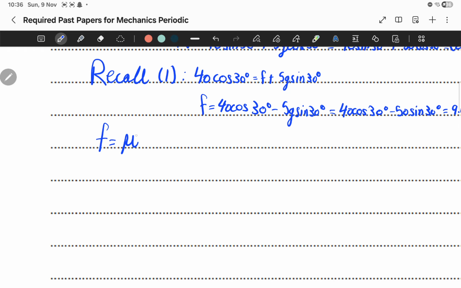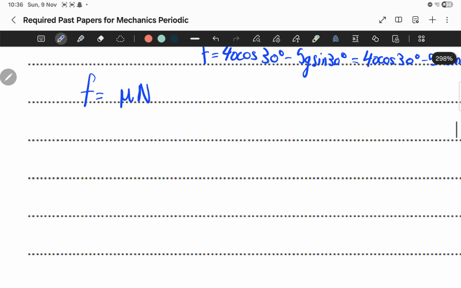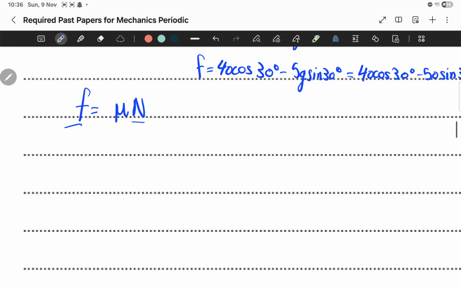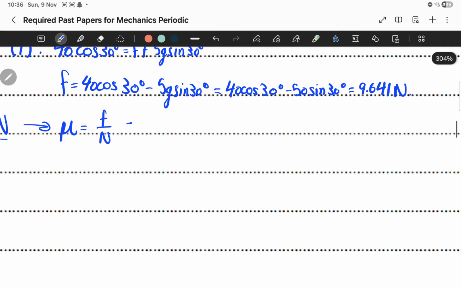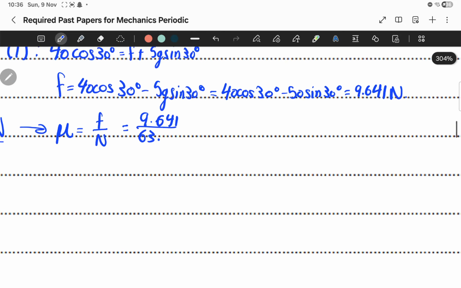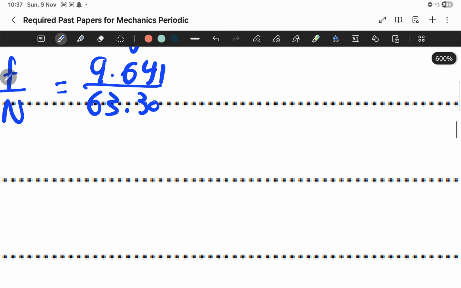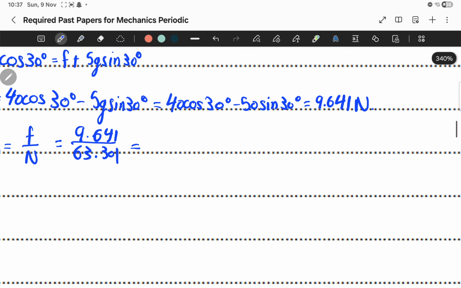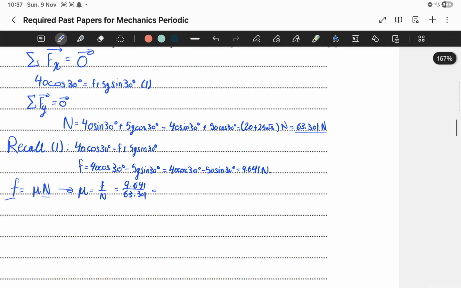Okay, now what can we say? F equals mu N. Right? Now, we have N, we have F. So, we can rearrange this to give me mu is equal to F over N. Right? Which equals 9.641 over 63.301, which equals 0.152.